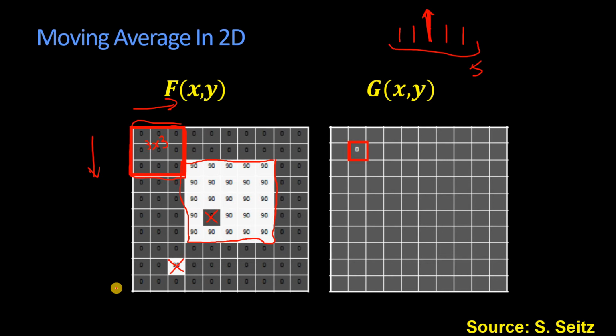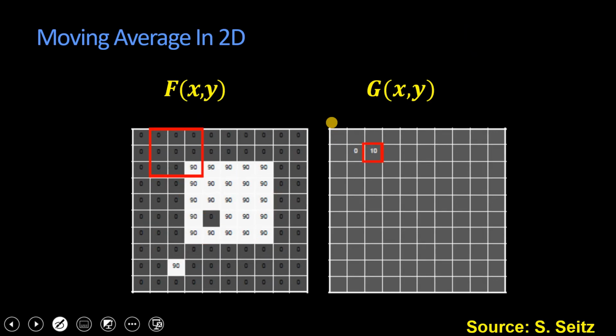So when I take the average of this 3 by 3 window, the average for this value is 0 because all of them are 0. Next, I move the window. That's why the name comes, moving average: the window is moving. Now it has moved by 1 pixel.